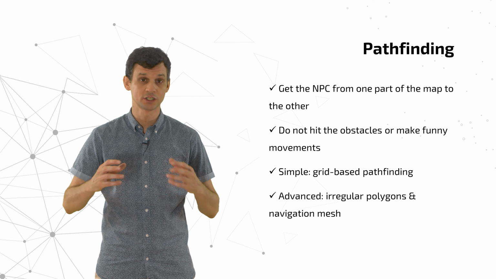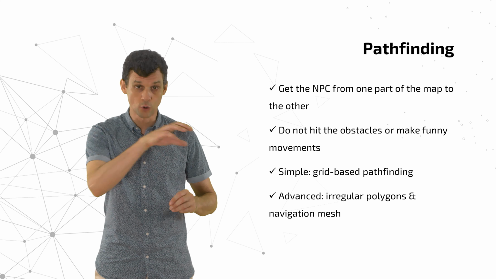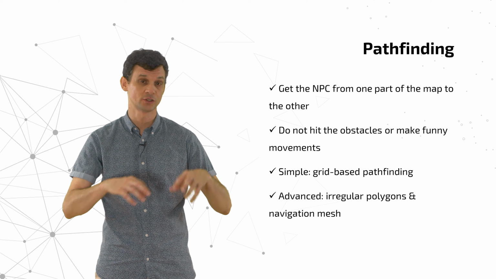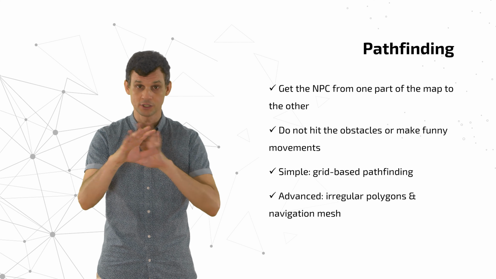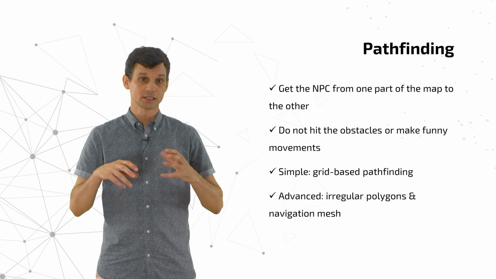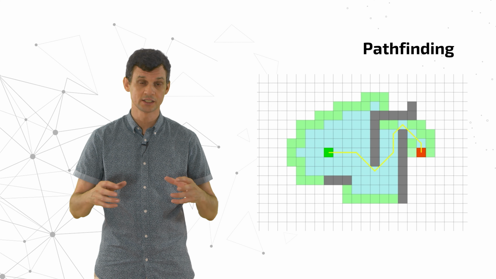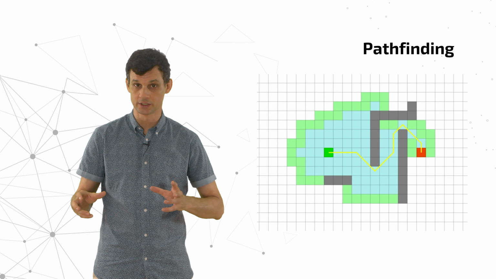Pathfinding is the method for determining how to get an NPC from one point of the map to another. We have to take into consideration the terrain, obstacles, and possibly fog of war. Simple approaches include grid-based pathfinding, where the terrain is mapped onto a uniform square grid.